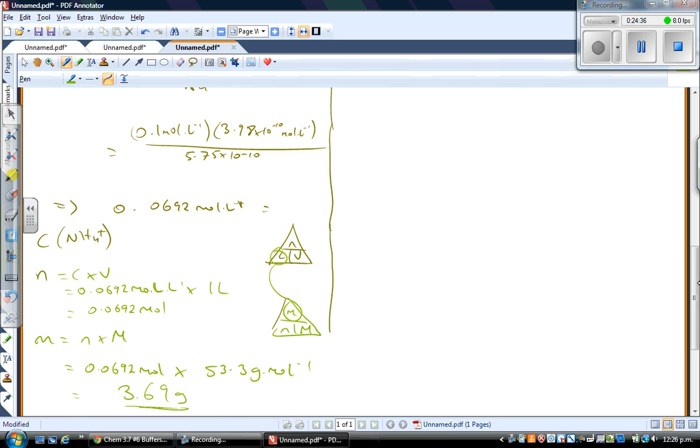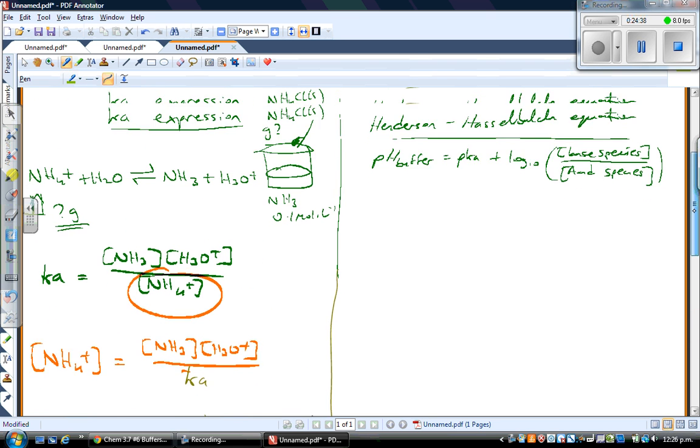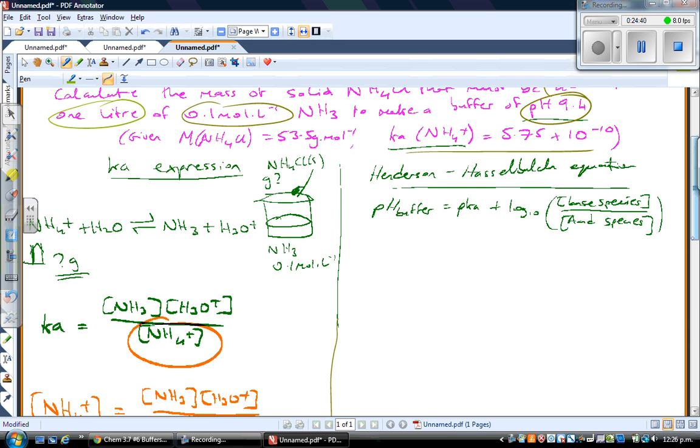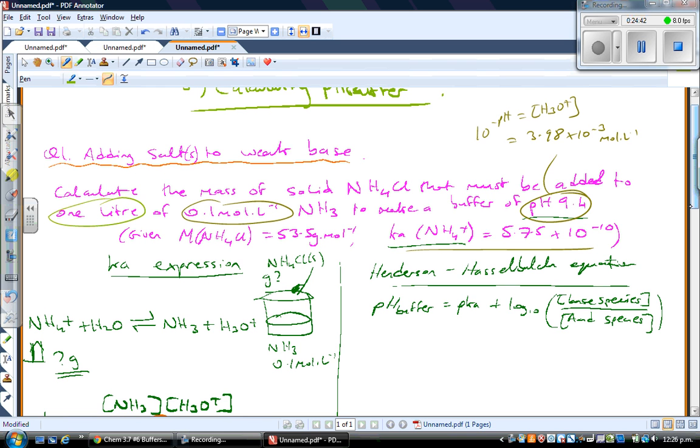Now, it's much quicker, you'll find, to use the Henderson-Hasselbalch approach. The pH for the buffer, you already know you want it to be 9.4, so that's what that is there. The pKa you can determine from the Ka, because remember the pKa is just the negative log to the base 10 of the Ka.